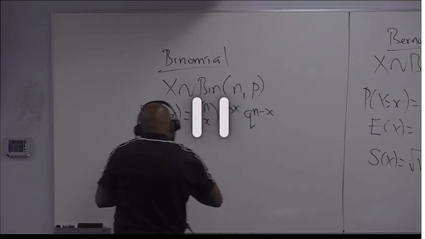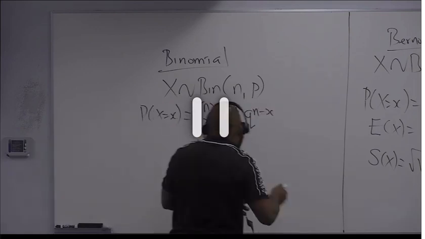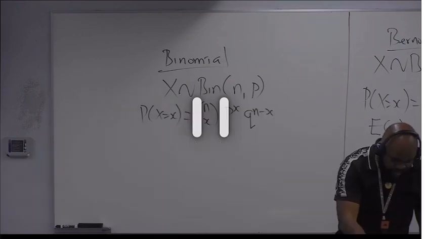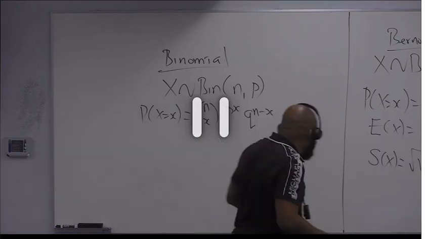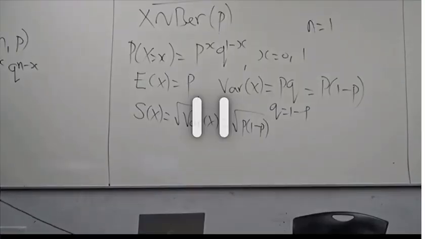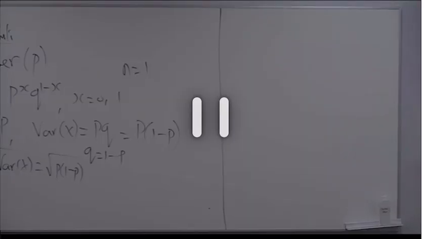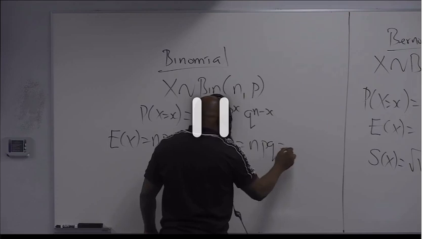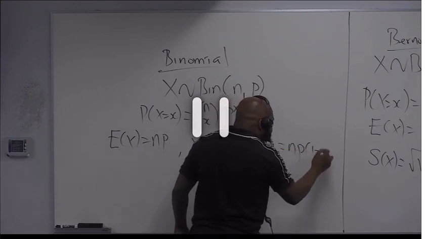I just wanted to take note of what I have right now. I derived last week that the expected value of s equals np, and the variance of s equals npq, which you can also call n times p times 1 minus p.